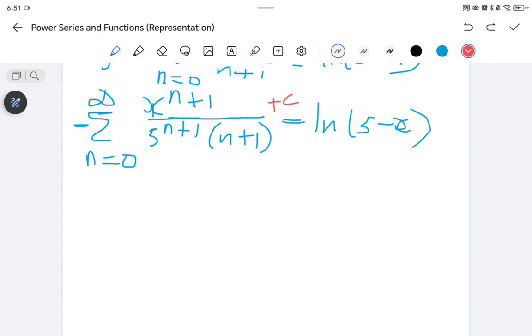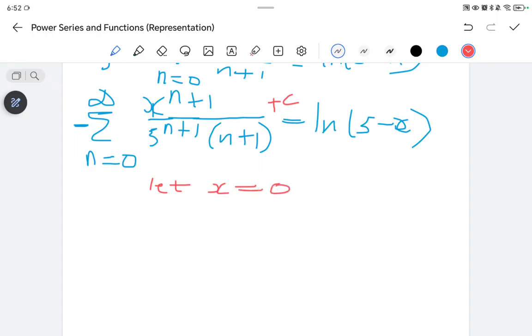It's 0. Don't say a constant. 5 is a constant, so the derivative of a constant could otherwise be 5. The derivative of 7 could be 5. So it's 0, right? So we must let x be equal to 0.